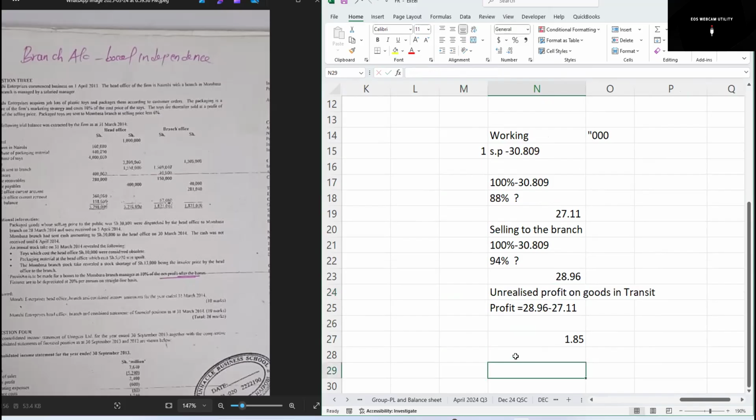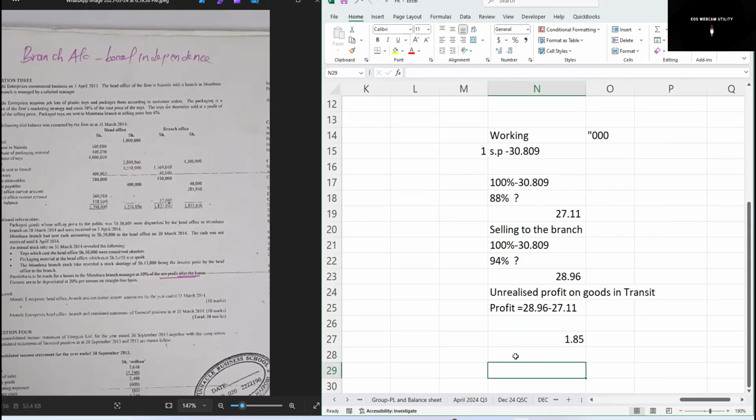So number 2, I've been told the Mombasa branch had sent cash amounting to that to the head office on 30th June, and the cash was not received. That is the cash in transit. Number 3, annual stock take on 1st March 2024 revealed the following: the toys which cost the head office 10,000 were considered obsolete. So we don't have the working for that.